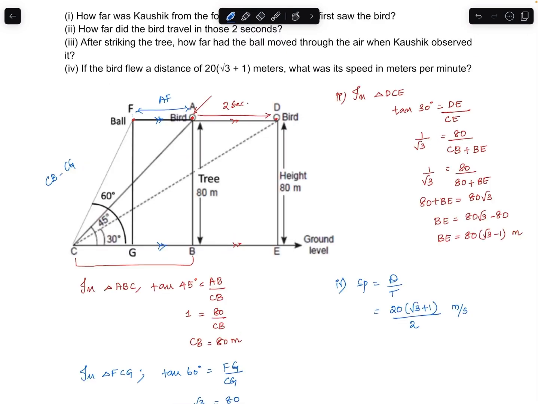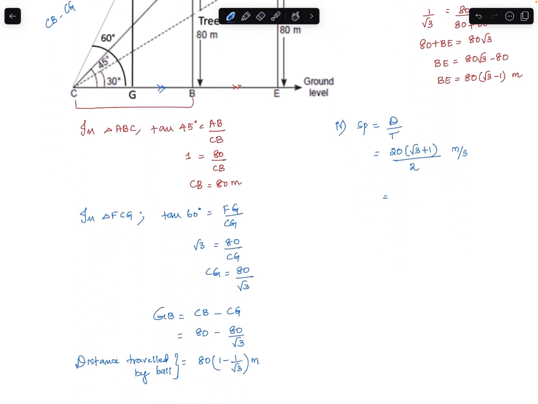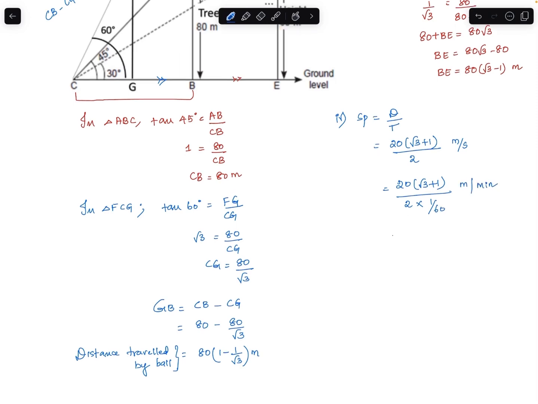So this has to be converted to meter per minute, which is 20 root 3 plus 1 upon 2 into 60, which gives us 20 times 60 into root 3 plus 1 upon 2 meter per minute, that is 600 root 3 plus 1 meter per minute.